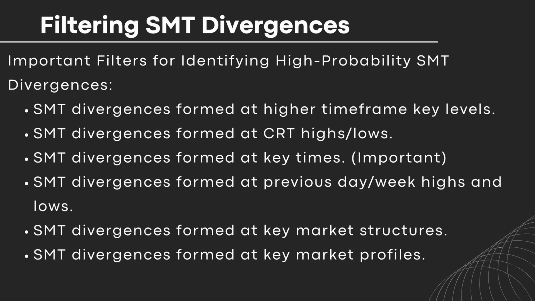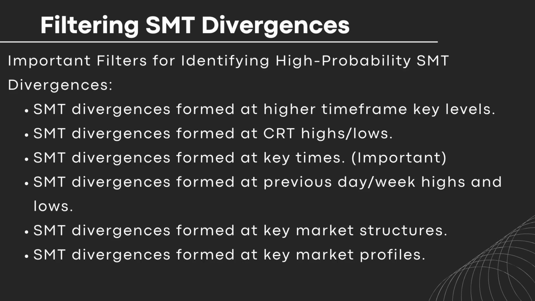So that being said, the best SMTs are formed at CRT highs and lows, right? When one CRT is purged on one pair, whereas the other underlying pair isn't able to purge it, this confirms the CRT, and this sort of SMT is always high probability, right? Remember that.